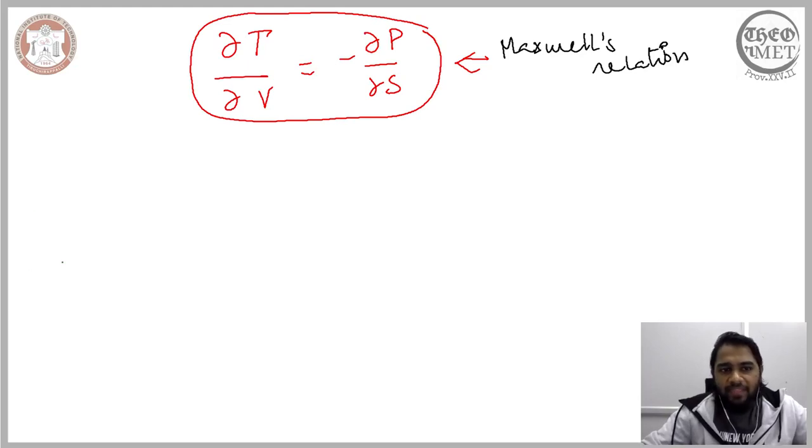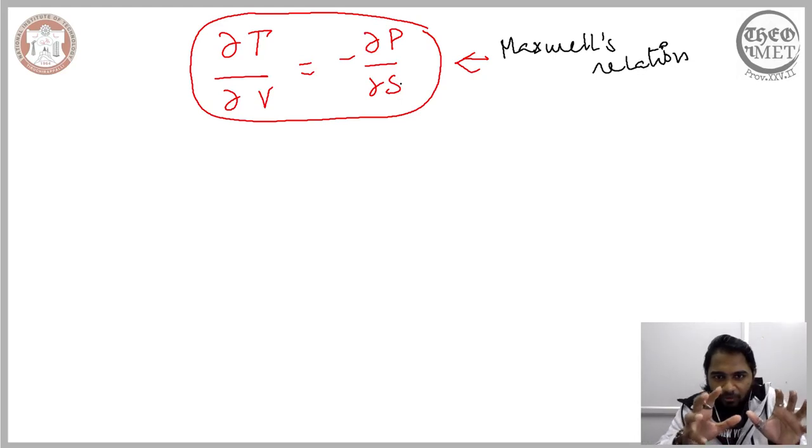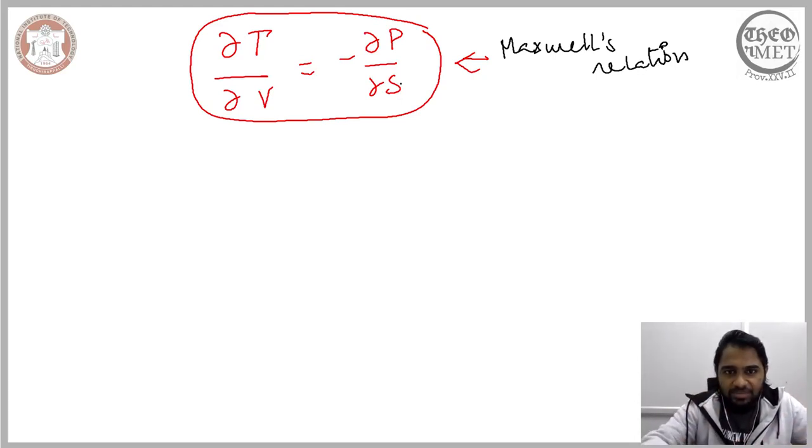Even though we are now in a position to relate four different thermodynamic variables, we have not yet reached our goal of replacing or playing around with the entropy. Because if you recollect, at the beginning of this lecture, we saw that of all the four thermodynamic variables related in this expression, one variable stands out, one variable is not particularly accessible.